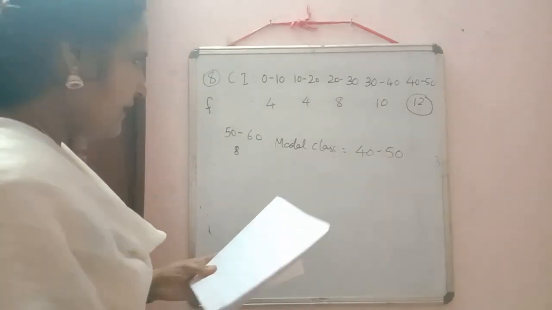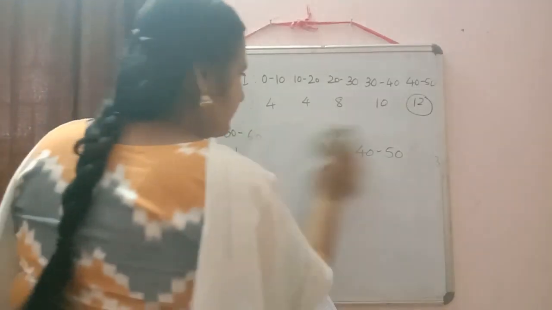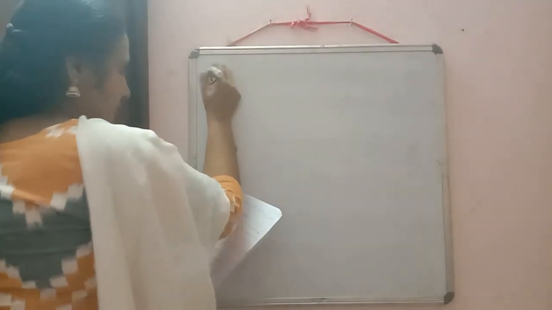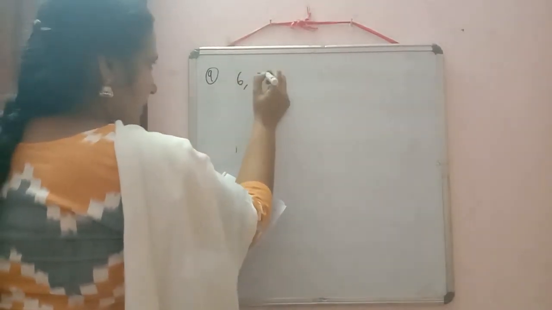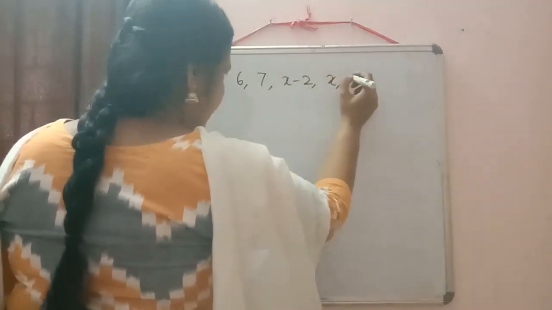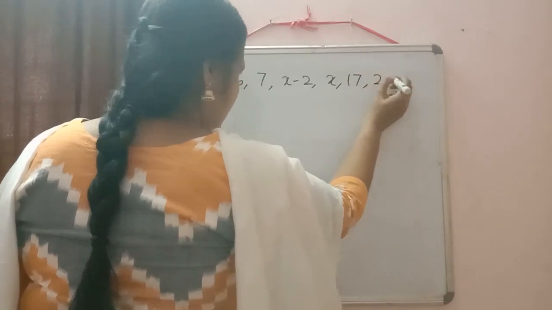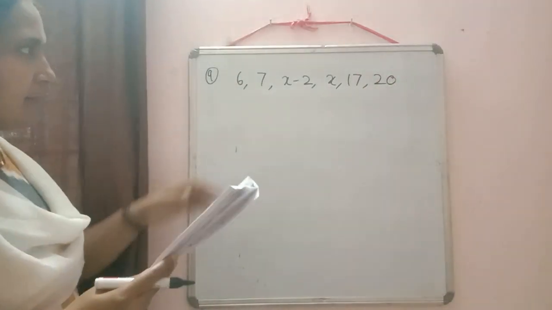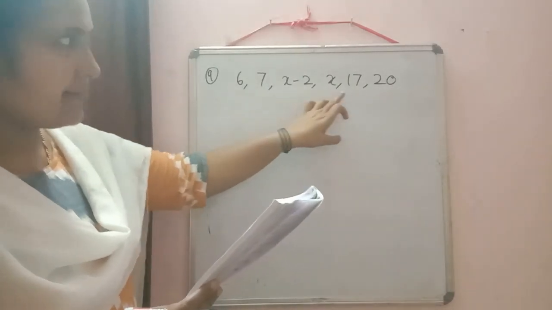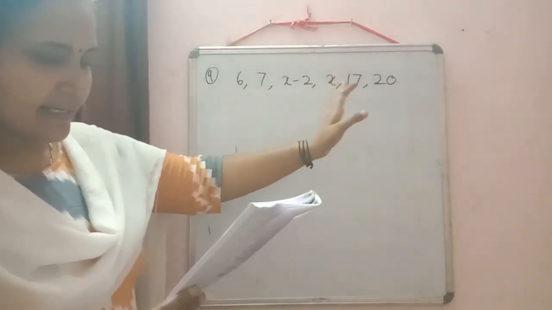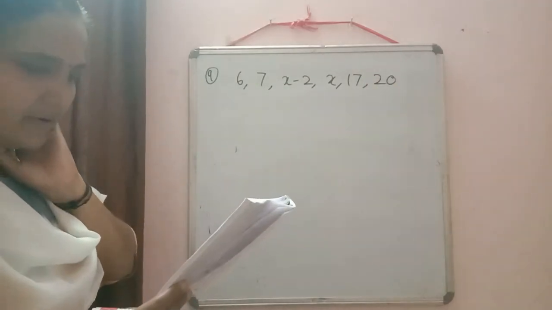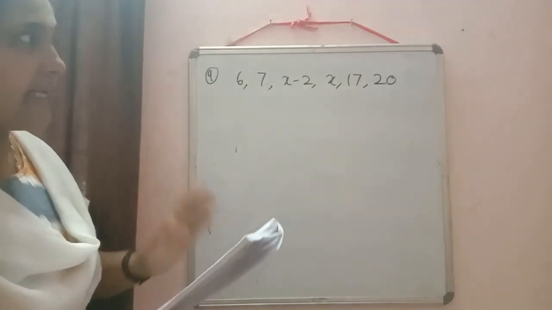Now write down the next one. If the median of 6, 7, x minus 2, x, 17, 20, written in ascending order, is 16.